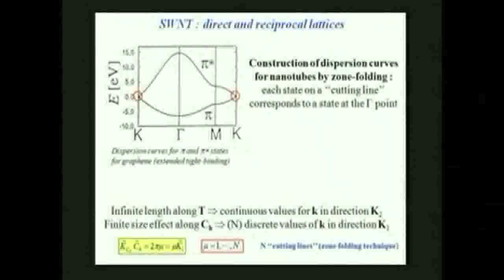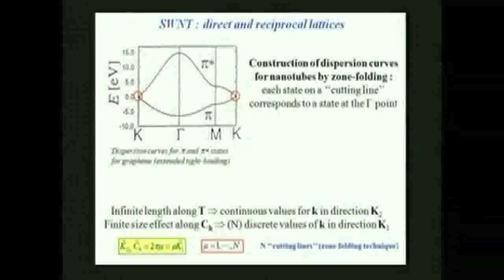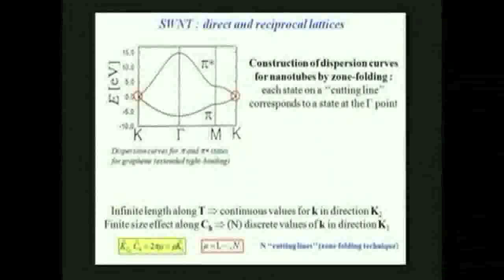And to go from one mathematical exercise to the other, you just have to understand that you are in a finite system with periodic boundary conditions. Because you have a finite system, not all the wave vectors are allowed, and because of that, you will choose only some discrete single states on this graphene dispersion curve, which will be allowed for nanotubes.